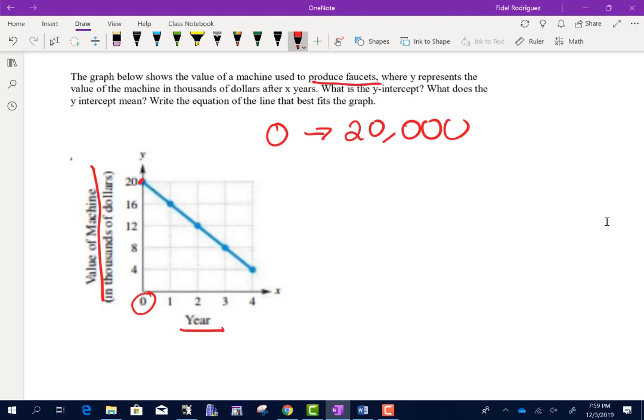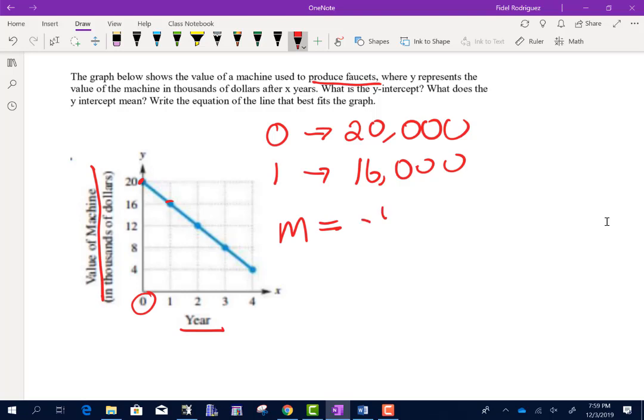Okay. So in year 0, the value of whatever this machine is, it produces faucets. Okay, it's worth $20,000. Okay. In year 1, what's the value of the machine? 16,000. Okay, guys, can we find the rate at which it's losing value? Subtract. Okay, so what's 16,000 minus 20,000?